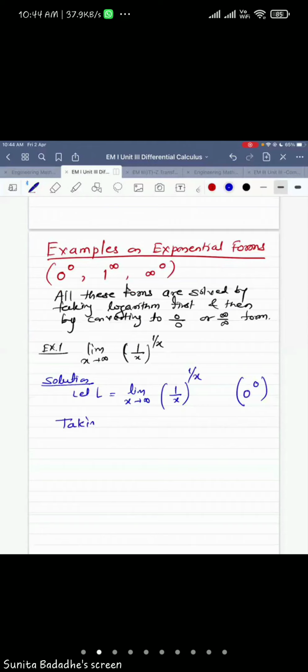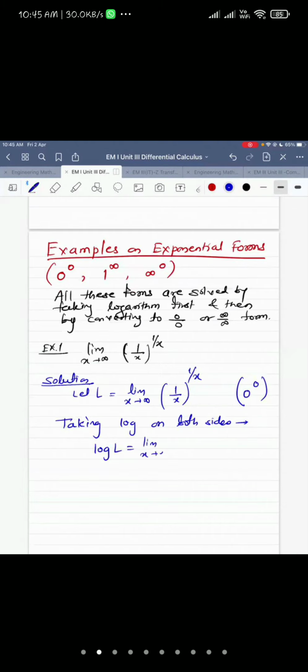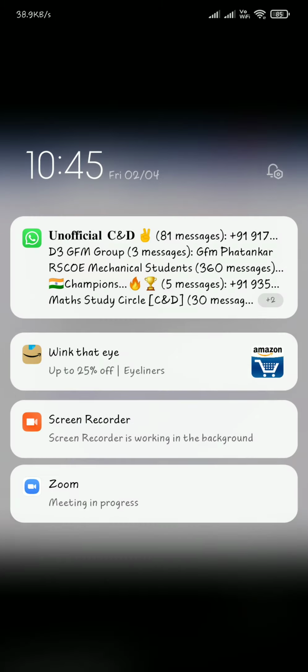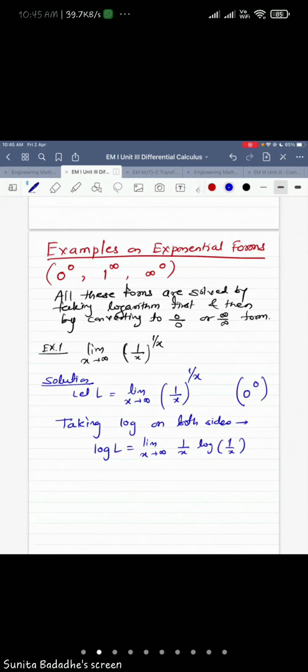So whenever it is so, take log on both sides. So what you get? Log L equals, first of all, limit is there, limit x tending to infinity of 1 by x log of 1 by x. Isn't it? It will be 1 by x log of 1 by x.